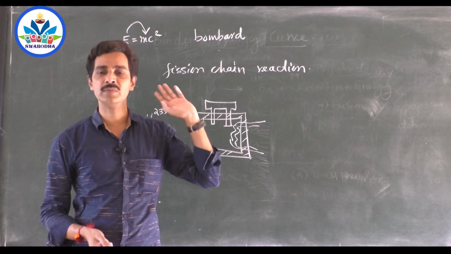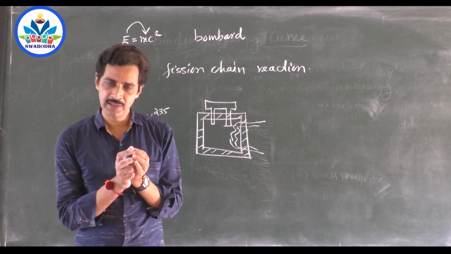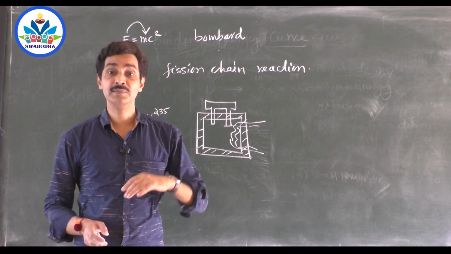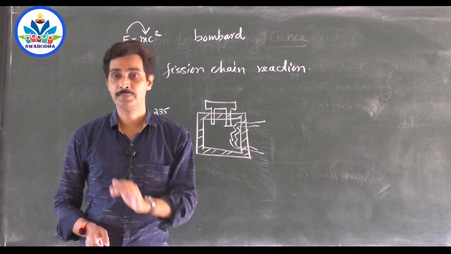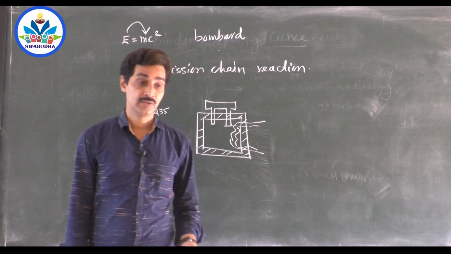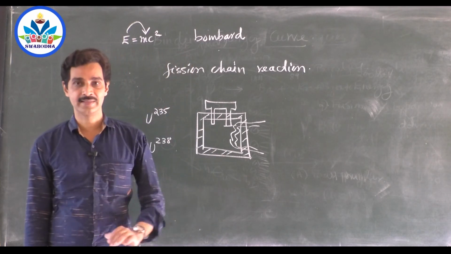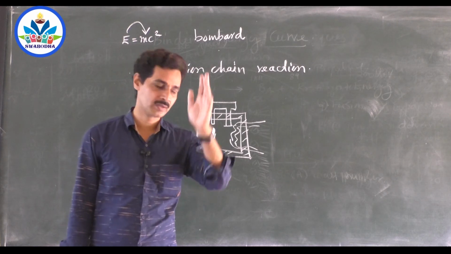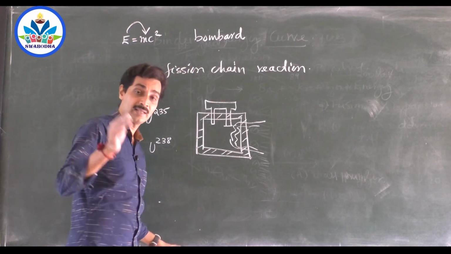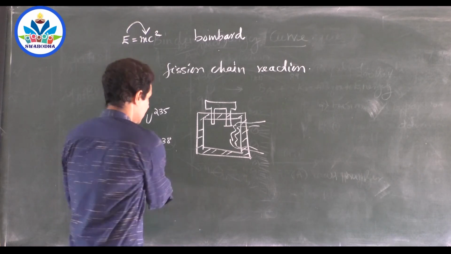More neutrons will be escaping, fewer neutrons will be remaining in the sample. That doesn't bring a further chain reaction, and the chain reaction may stop. That is also possible. If the number of neutrons produced is less and the number of neutrons escaping is more, then the chain reaction will stop in the further process.